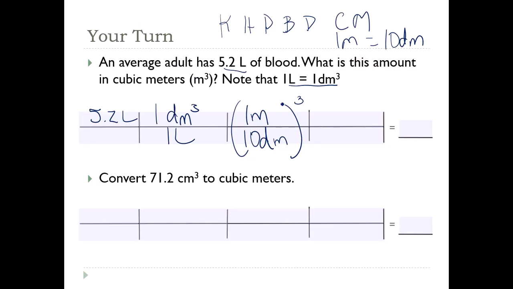And so we plug that into our calculator. Essentially 10 raised to the third is 1,000, so we'll be dividing by 1,000 here. So your answer should be 5.2 times 10 to the negative third meters cubed. So 2 sig figs.